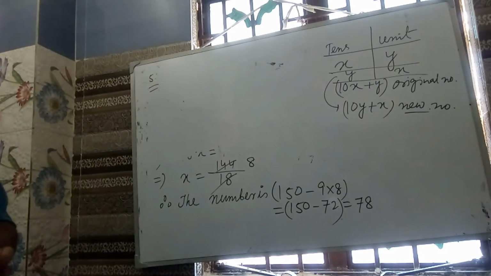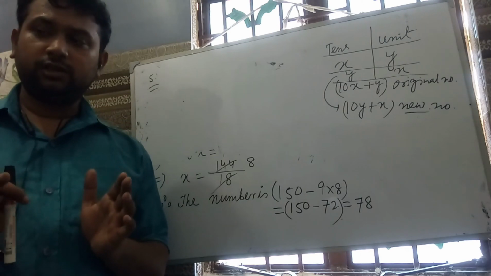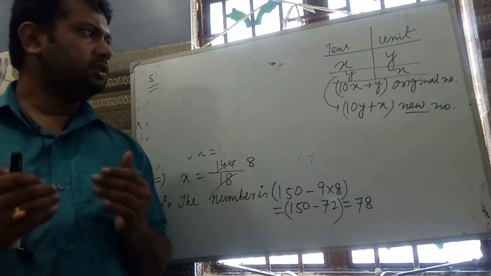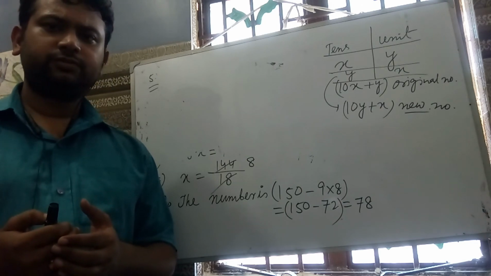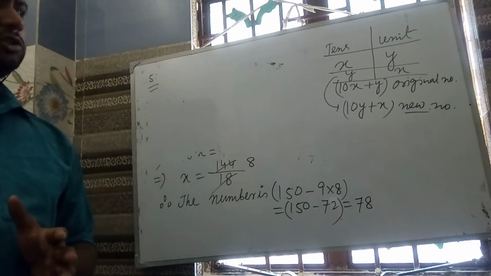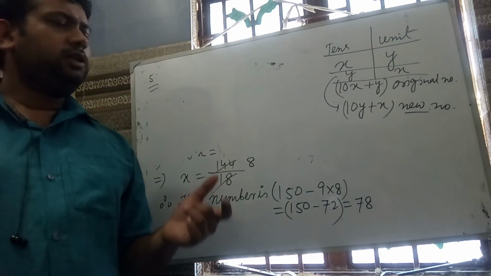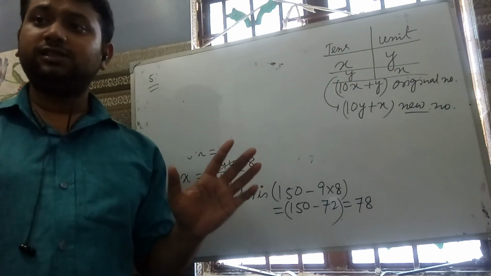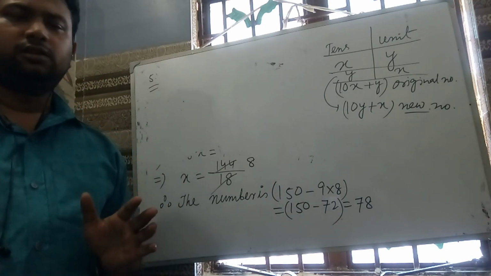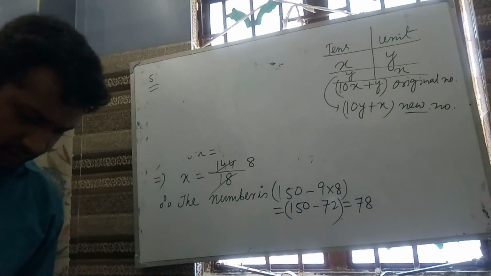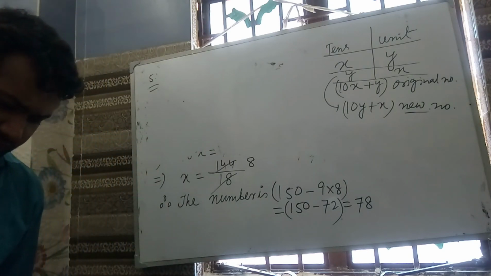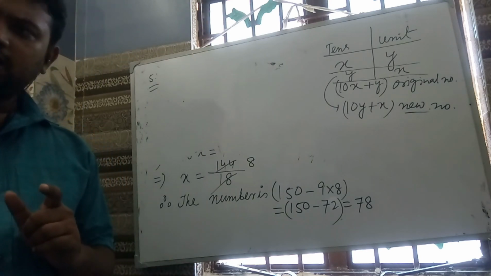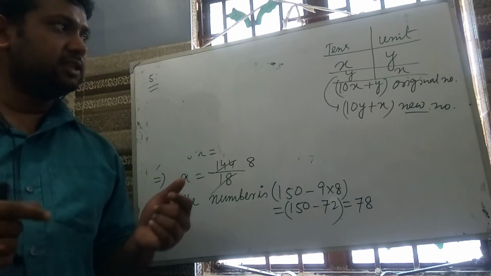Okay. Read the question carefully. Yes, I am repeating. Listen to me carefully. Here we have to consider both the tens place digit and the unit digit, because nothing is given. It only says that the difference between a two-digit number and the number obtained by interchanging the digits is 63.